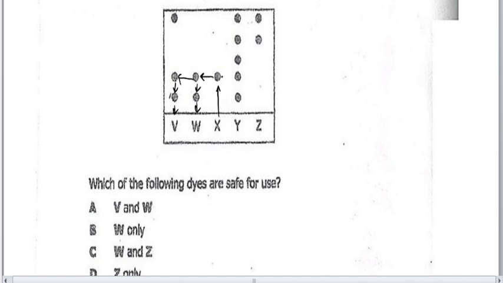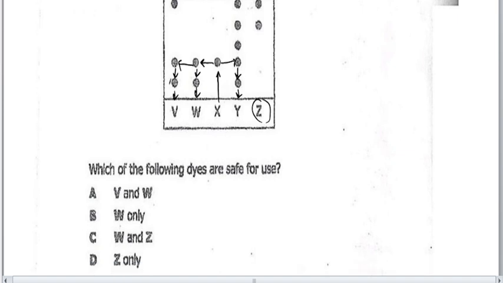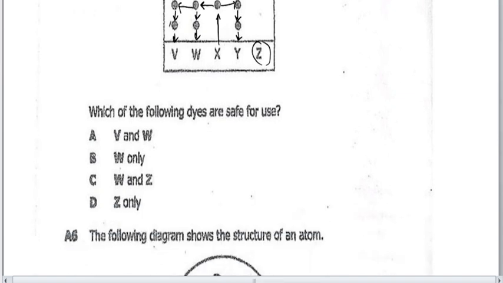So the only one which is safe for use is Z, because Z has not traveled, does not contain X. So Z is the only dye that does not contain X. So the answer choice for number 5 should be D. So Z only.